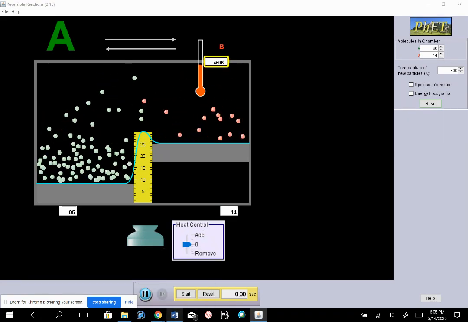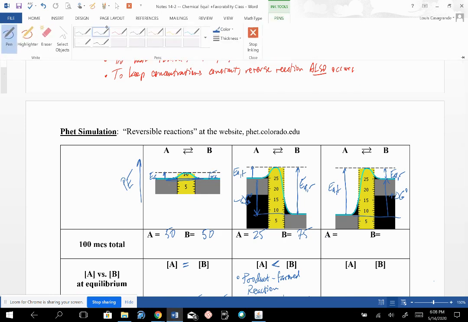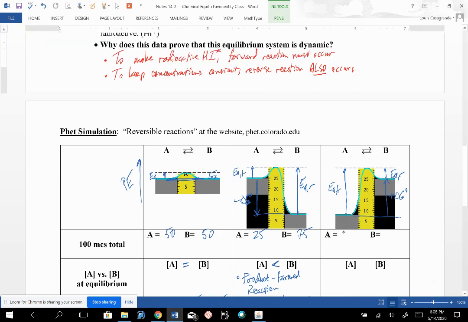So in the interest of speed, let's write in 75 molecules for A, and for B, we have 25 molecules.